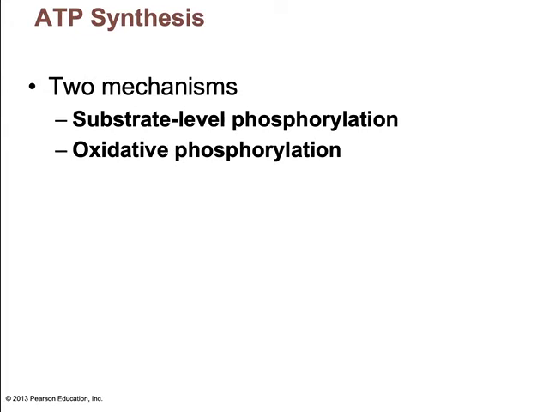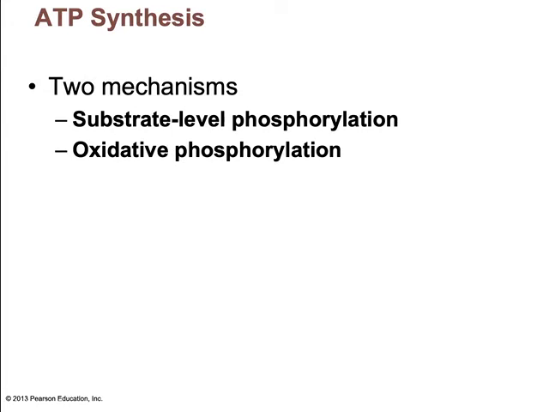In substrate level phosphorylation, high energy phosphate bonds are transferred from one organic molecule to ATP, to make ATP from ADP. Okay? And that happens a few times in the 3 legs. It happens in the Krebs cycle and it happens in glycolysis.